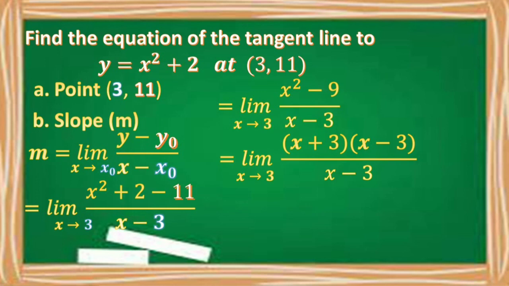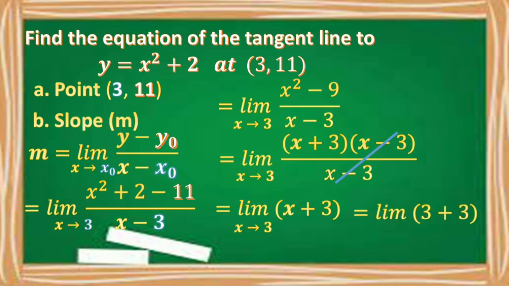Cancel out x minus 3. What is left is the limit of the quantity x plus 3 as x approaches 3. Substituting the value of x, we have the limit of the quantity 3 plus 3 as x approaches 3. Therefore, we have m is equal to 6.